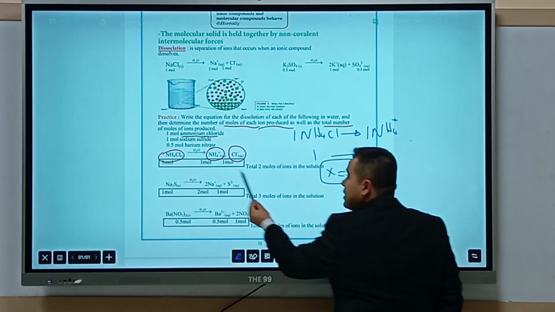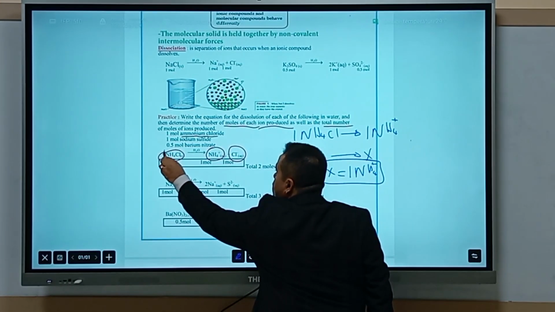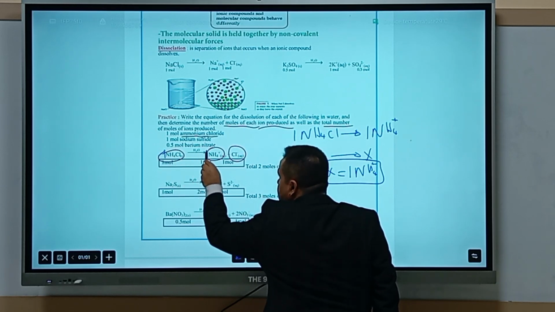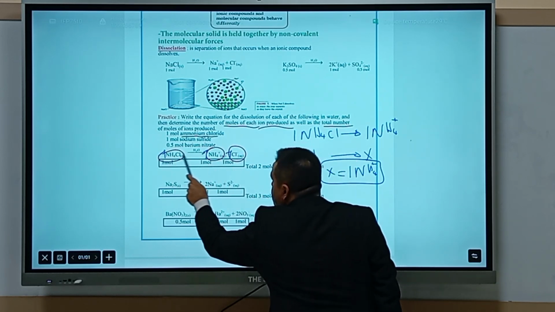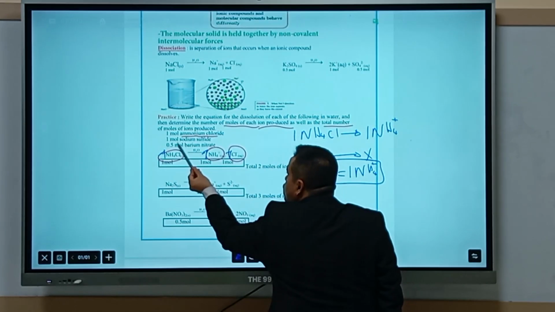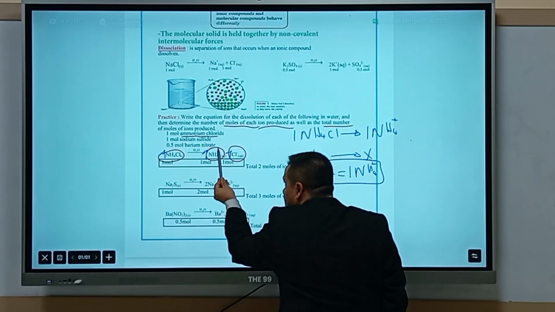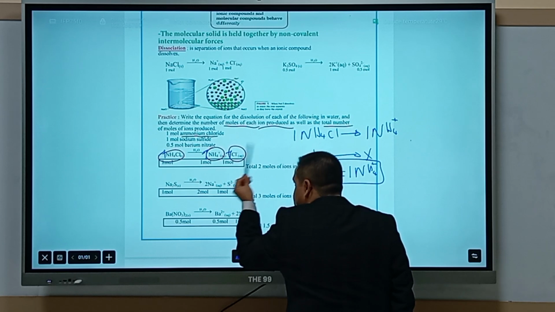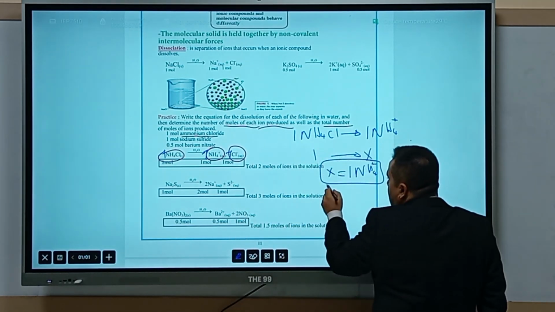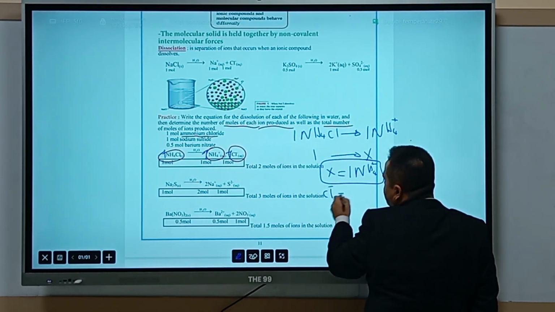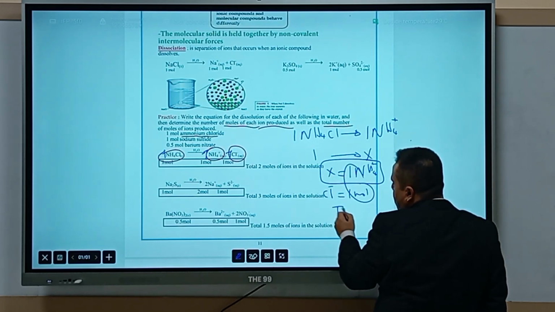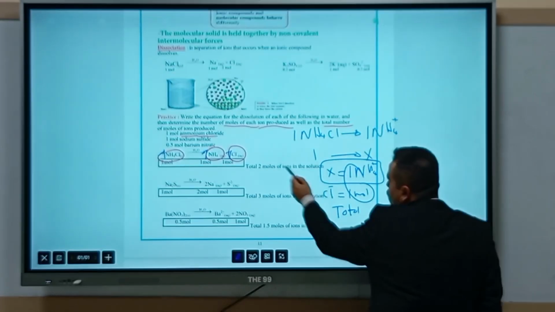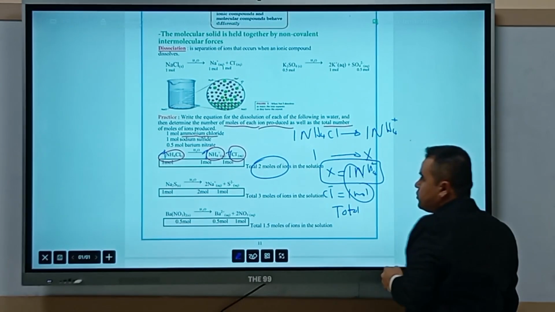What I mean is this: the coefficient of NH4Cl is 1, NH4 is 1, and Cl is 1. So all the coefficients are equal. Any amount of this will produce the same amount of NH4 and the same amount of Cl as well. And the Cl negative is equal to 1 mole. 1 mole plus 1 mole, the total is equal to 2 moles of ions.